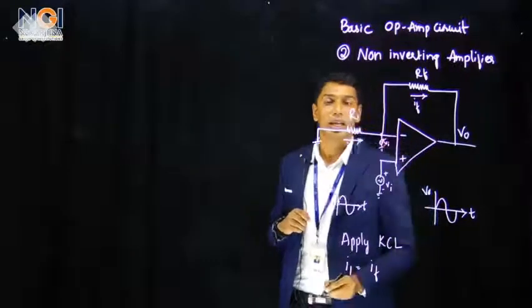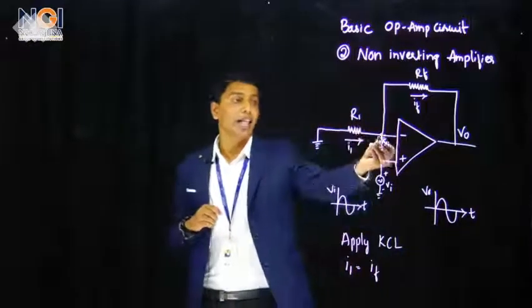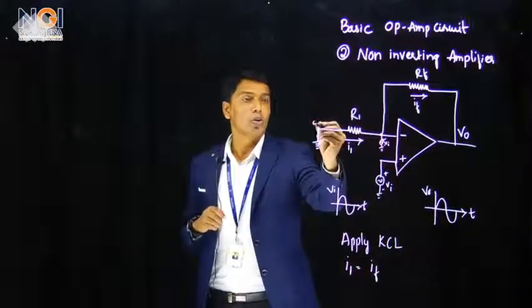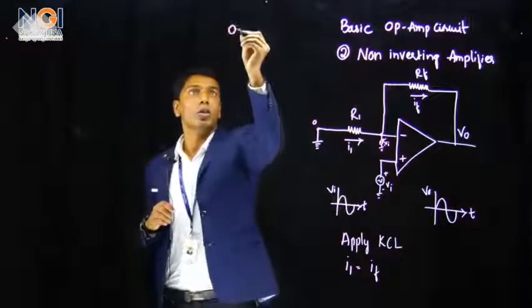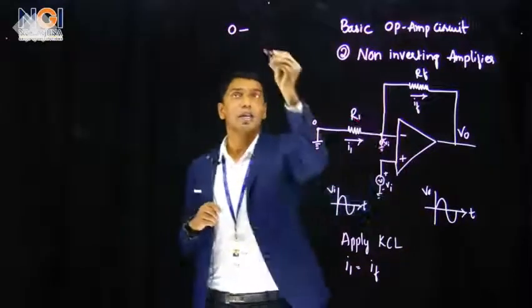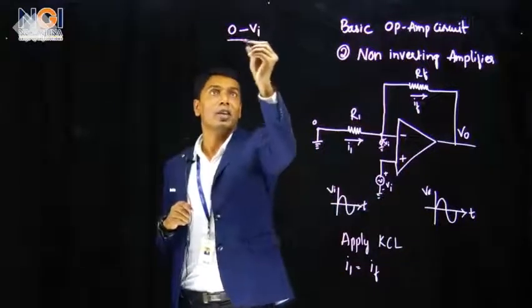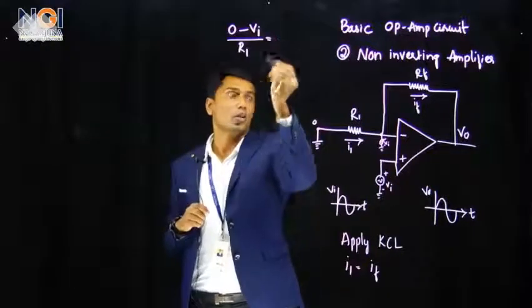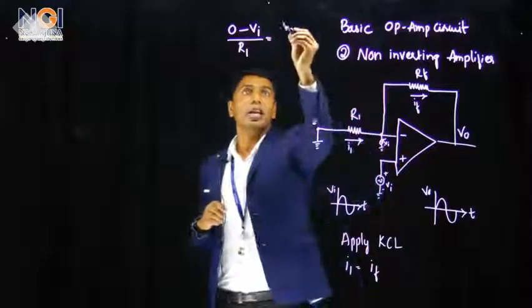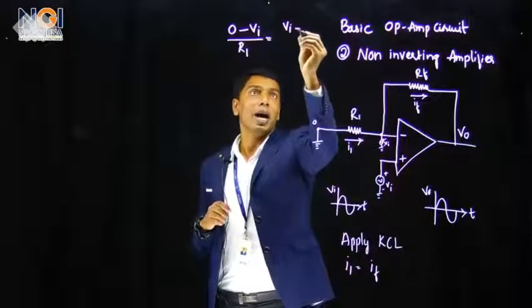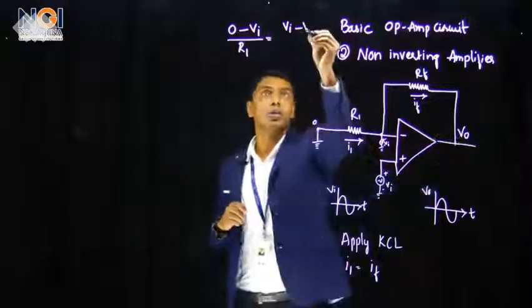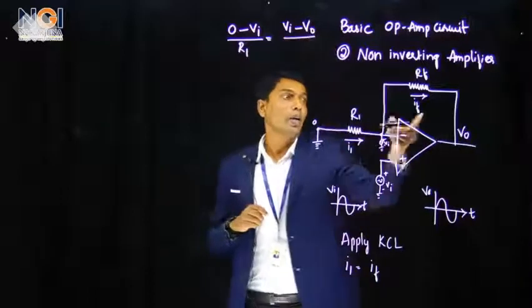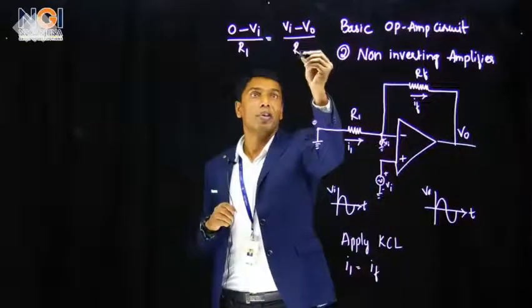Then we can write it as 0 minus V in divided by resistor R1, equal to V in minus V out divided by RF.